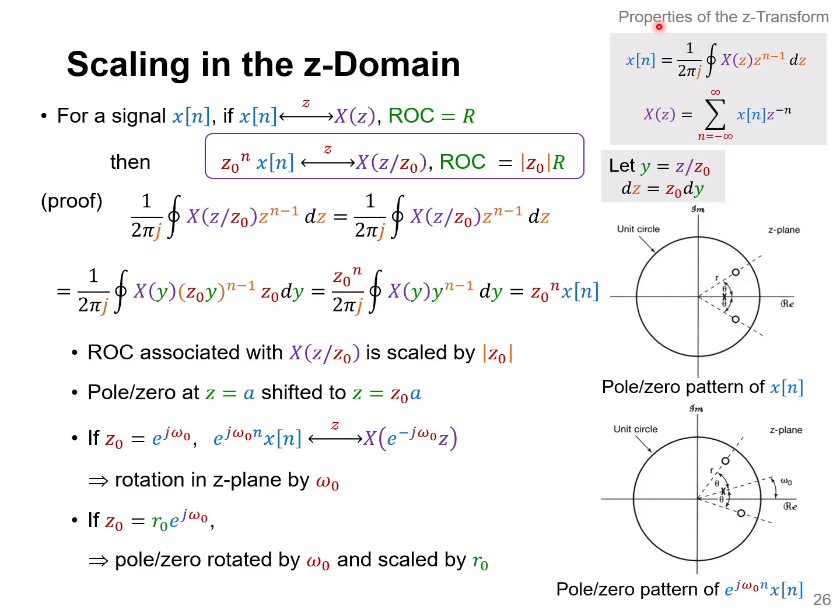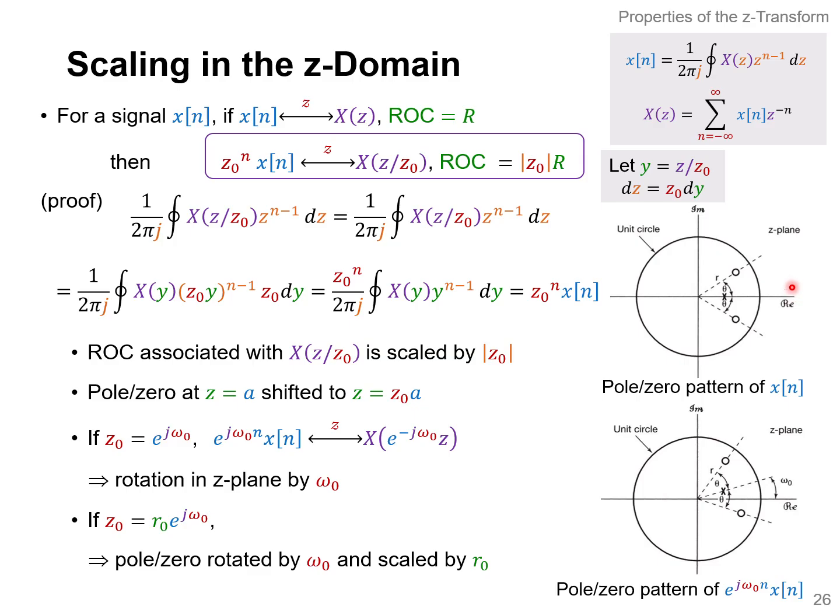Now let's look at the effect on the ROC and the poles and zeros. The ROC scales by the magnitude of z0. A pole or zero at z equals a moves to z equals z0 times a.